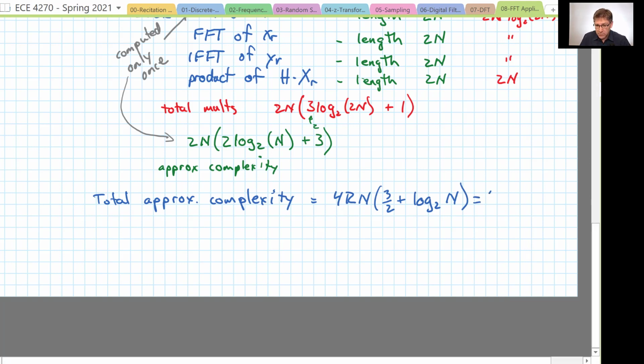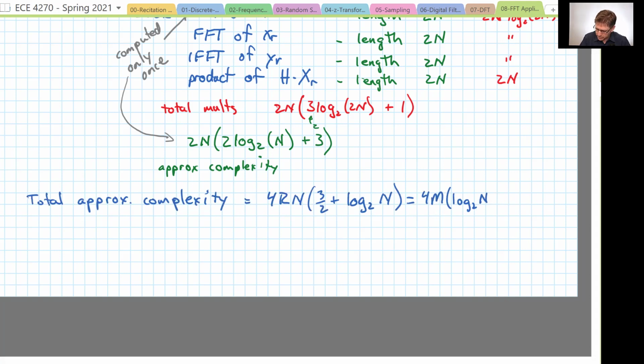And that's equal to 4m times log 2 of n plus 3 halves. You know what? We're just going to approximate that as 2, to make calculations easier.